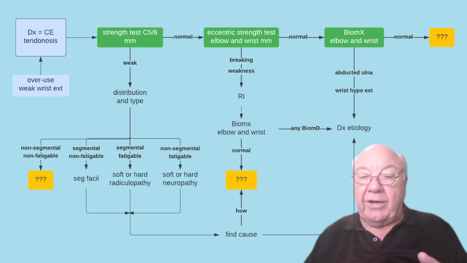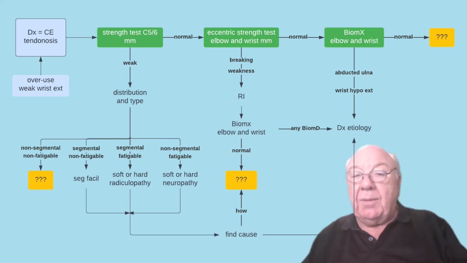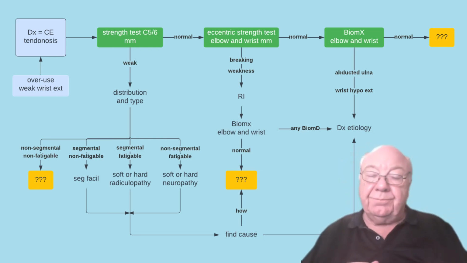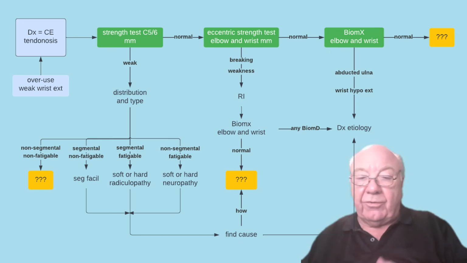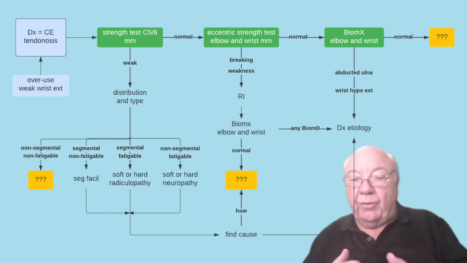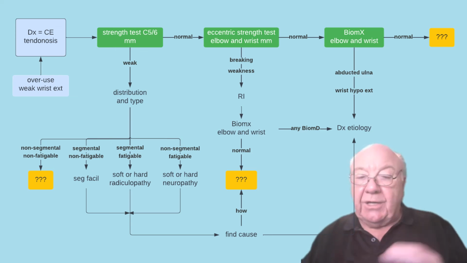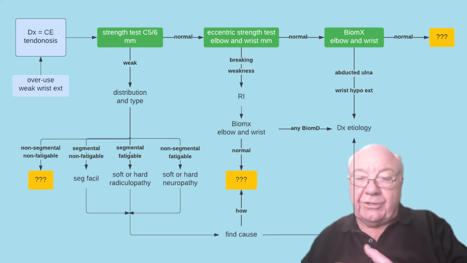We do a biomechanical examination of the elbow and the wrist, and now any biomechanical dysfunction will do, simply because it doesn't have to be an overuse thing. It's just got to weaken those muscles. So this could be a flexion hypomobility of the wrist, or any sort of hypomobility of the wrist can lead to reflex inhibition, in which case again we have our etiology.